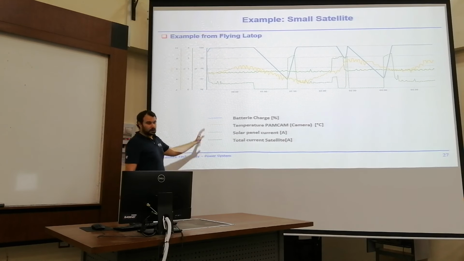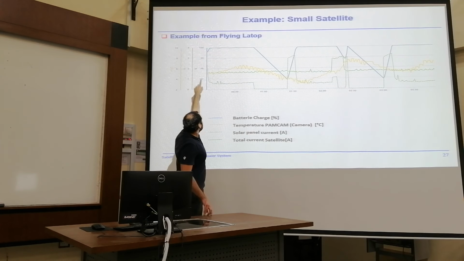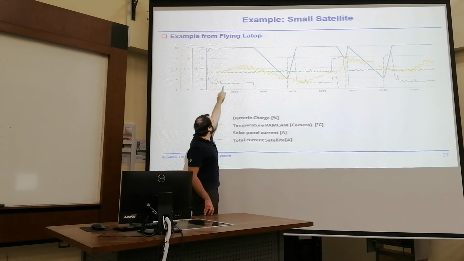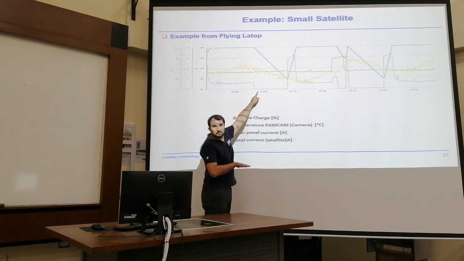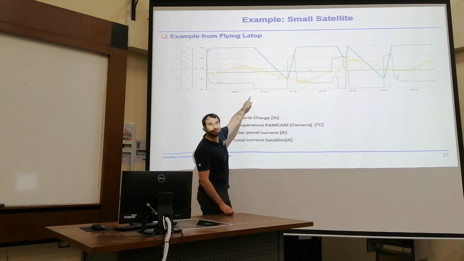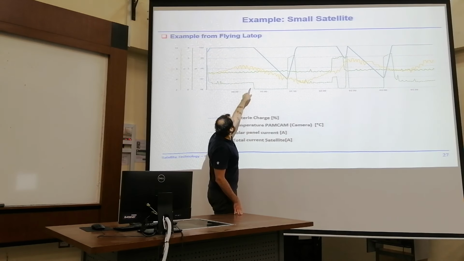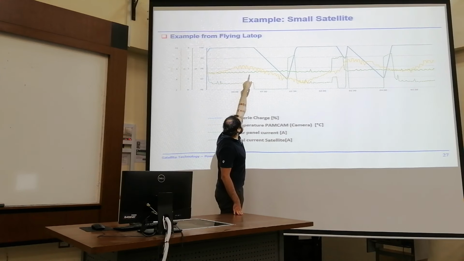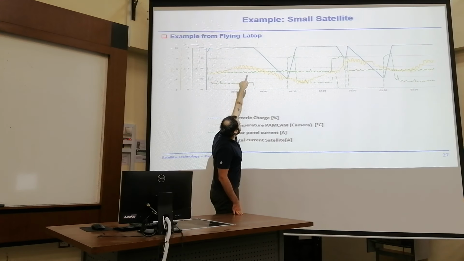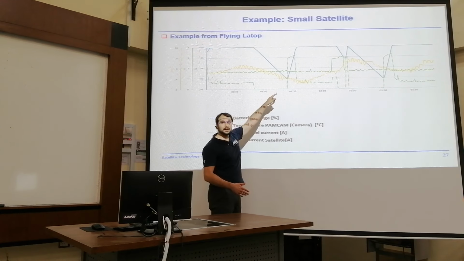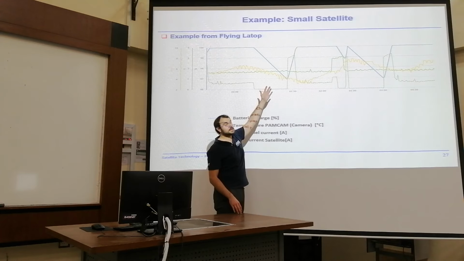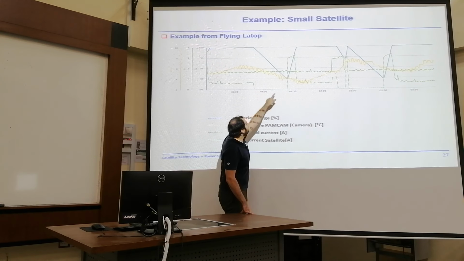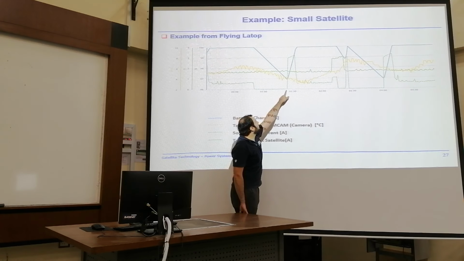And then look at it. First, there's some solar panel current coming in, and here it immediately goes to zero, probably the eclipse phase. You can see that immediately the battery charge starts to drop. Now we're feeding our camera, for instance, or the satellite bus itself, from our batteries until the sun is back.